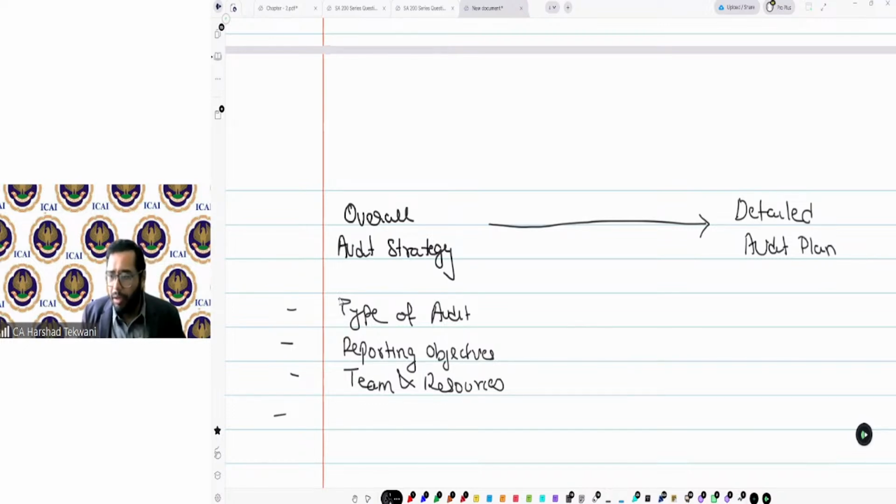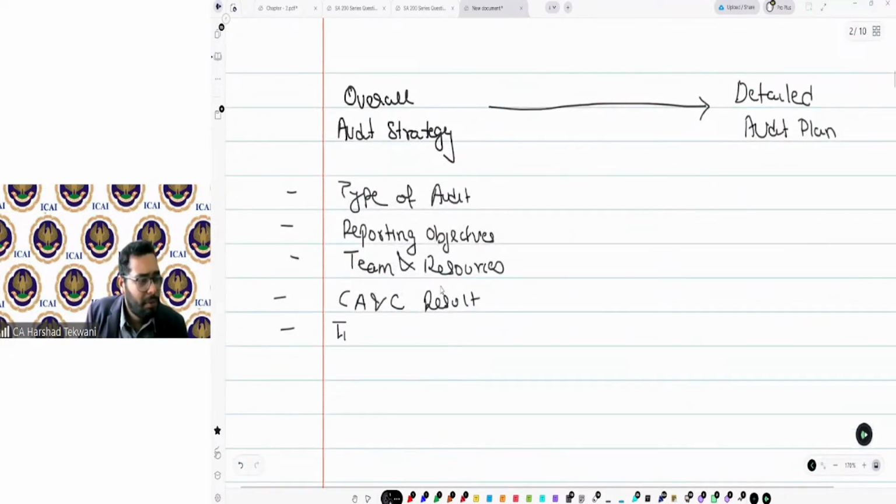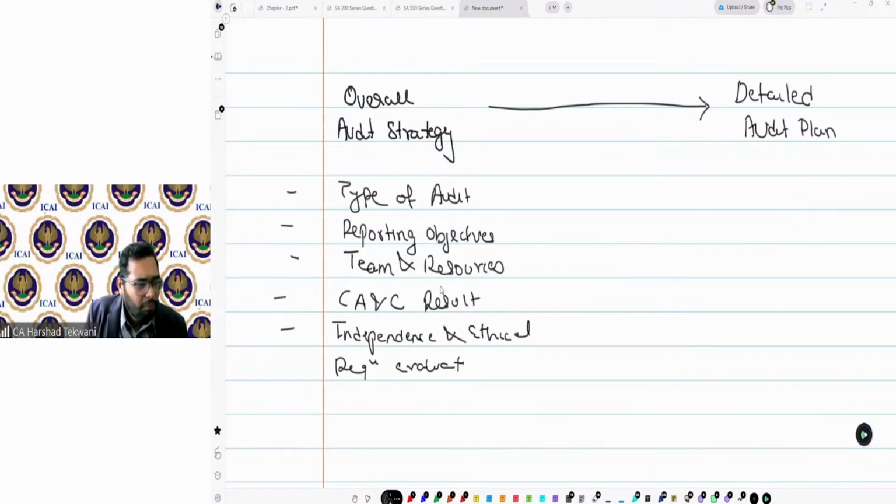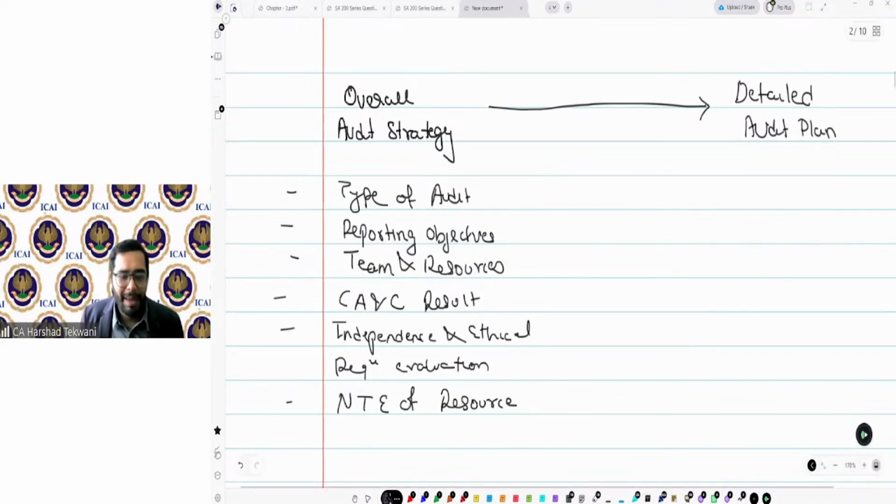Then client's acceptance and continuance activities result, independence and ethical requirements evaluation. Then nature, timing, and extent of resource required.